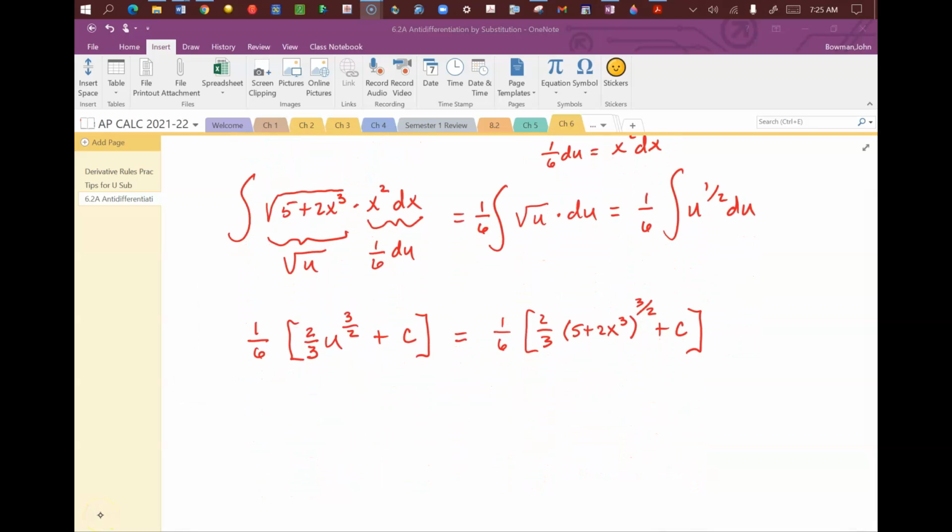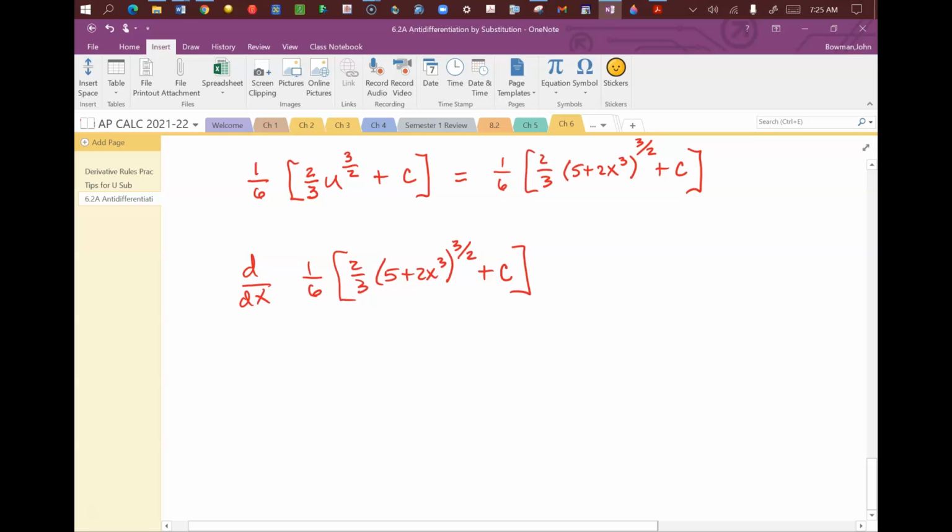So just to illustrate that, let's go ahead and differentiate that. d dx of this whole thing, 1/6 times 2/3 times 5 plus 2x cubed to the 3/2 power plus a constant c. And so let's see, we can bring the constants outside if we want to, but let's just leave this the way it is.